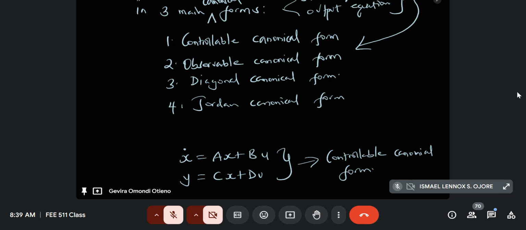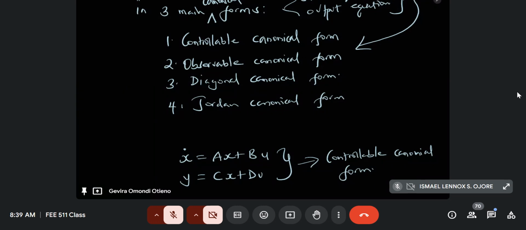It's only that some are taking the forms differently, but the representation remains the same. So you can be given a system, you can write it in controllable canonical form. You can also write it in observable canonical form, diagonal canonical form, and Jordan canonical form, meaning it's easy to translate from one form to another. You will read the rest in your notes.